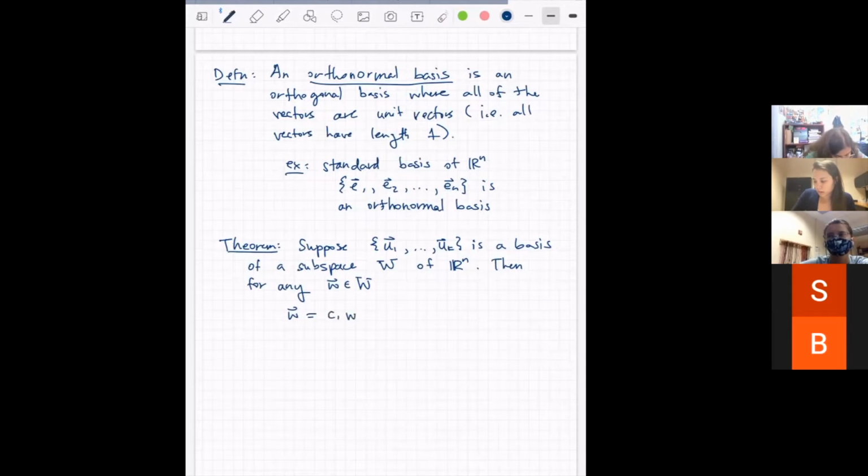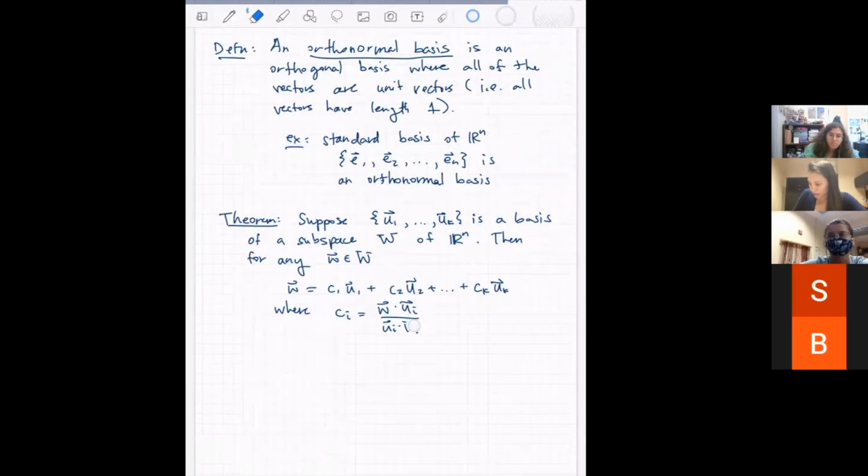It is equal to some constants times the basis vectors, where we have a nice formula for these: CI is W dot UI over UI dot UI.